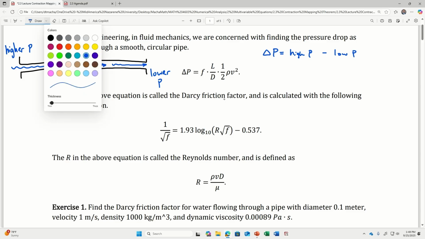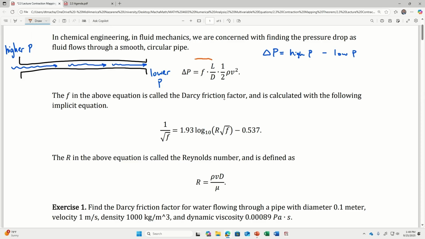So we use this formula: the pressure drop is equal to a lowercase f, the Darcy friction factor, times capital L, the length of the pipe, divided by d, the diameter of the pipe, times 1/2 times rho, the density of your fluid, times v squared, where the lowercase v is the linear velocity.